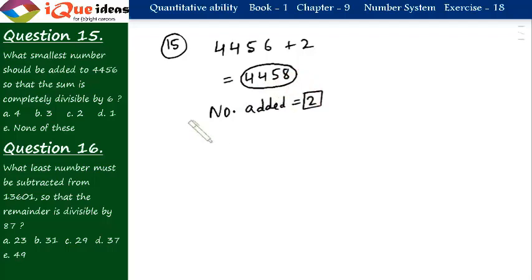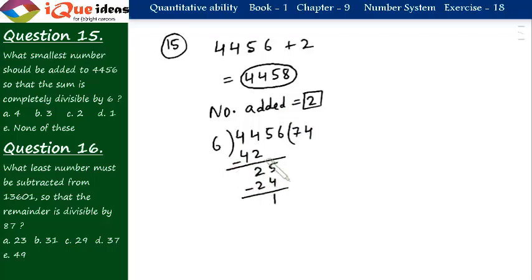Now the other way would be the conventional method. Divide 4456 by 6. Right? Let's see. 6 sevens are 42. So we have minus, so we have 2 remainder. Then we take 5, 6 4s are 24. So we have 1 remainder. Then 6 comes, 6 2s are 12. So we have 4 remainder.